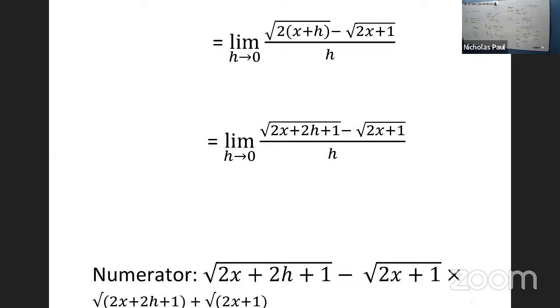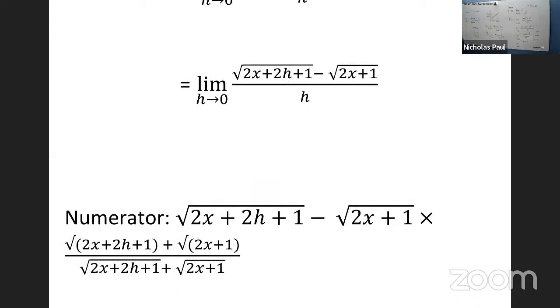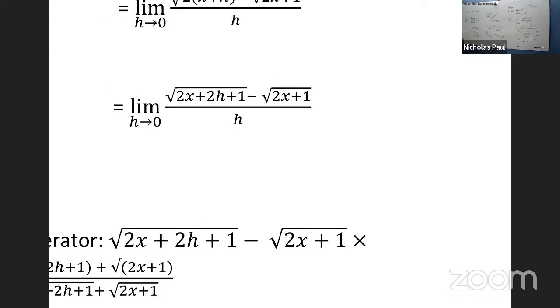So here's what you're going to do. You're going to look at the numerator and multiply by the conjugate of the numerator on top, with a plus, and underneath.